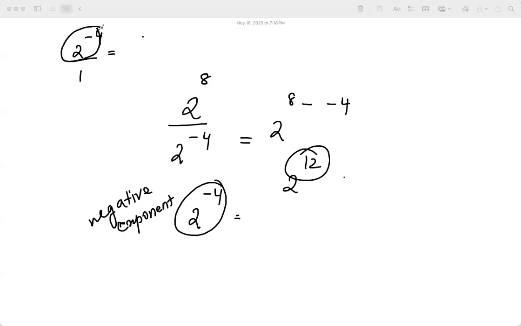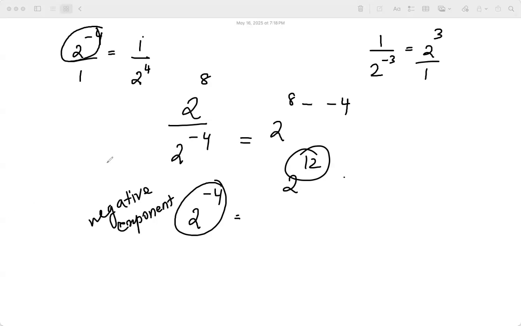If it is in the numerator, push it to the denominator with a positive exponent. That's all. You got it? Similarly, if you're given like this, what is it? You make it 2 to the power 3 by 1. Yes, that's it. Wherever it is, push it up. Negative exponents can be changed to positive exponents.